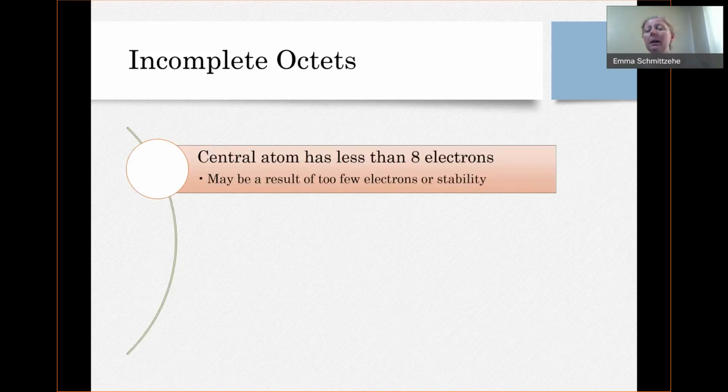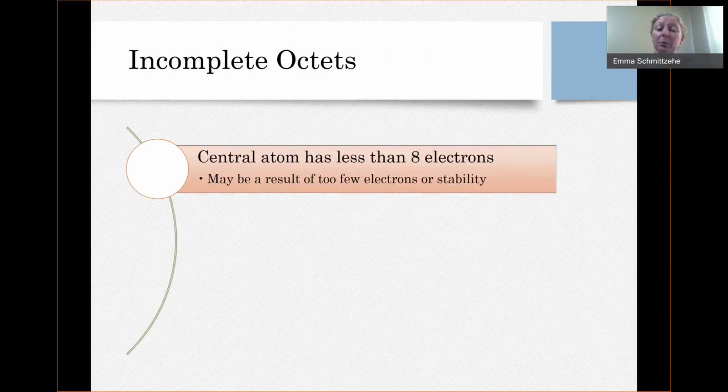Now this isn't something that you should be okay with all the time. When you draw a Lewis structure and you're trying to come up with a valid one, you don't ever stop with less than 8 in the center, unless you know that central atom is something that doesn't want to have 8. The reason this would happen is sometimes in your structure you just don't have enough electrons to fulfill an octet.